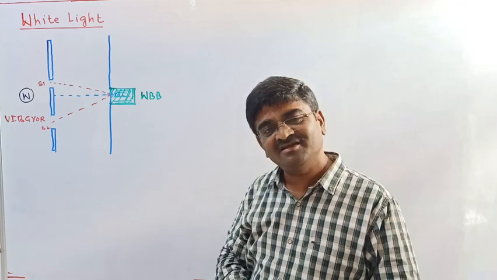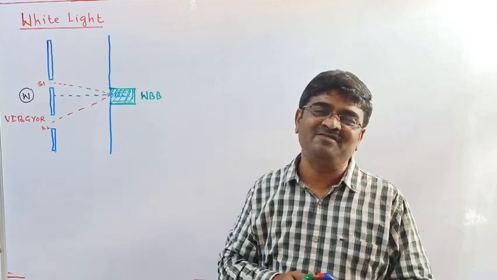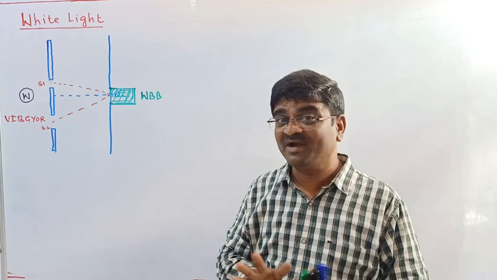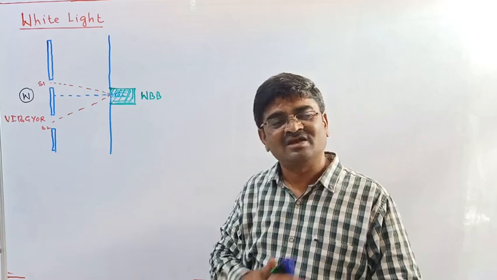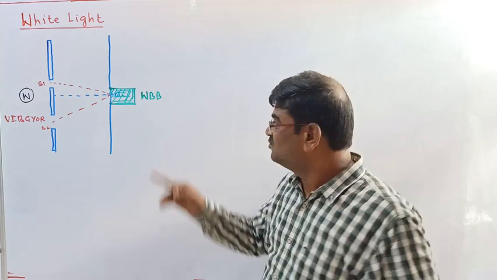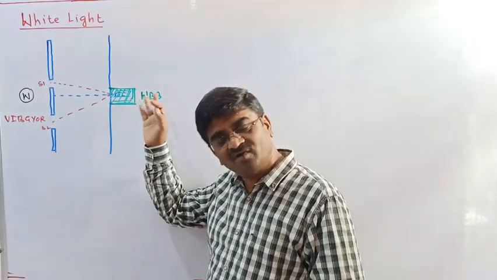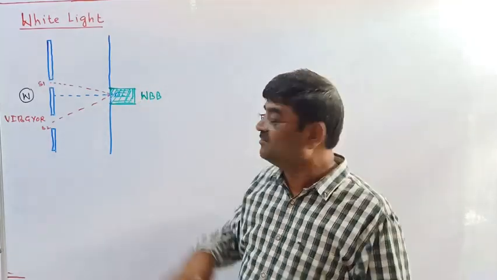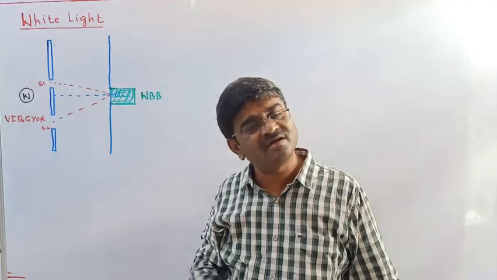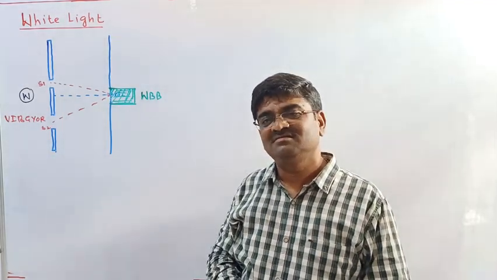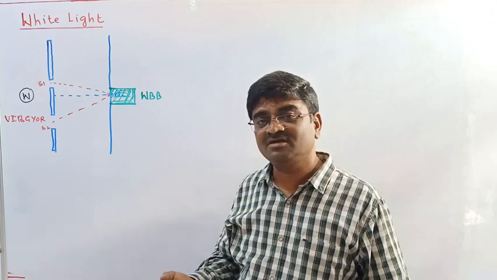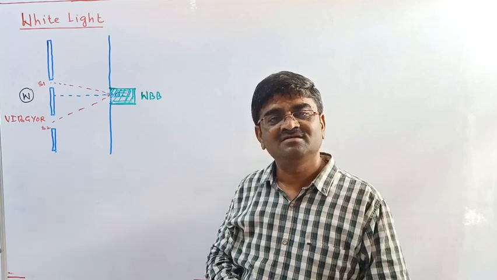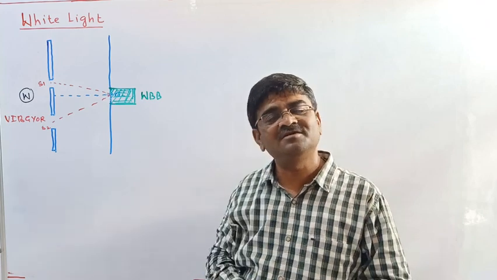So naturally at all places I get a bright, but bright color of a particular wavelength. So by using a white light source, I don't get alternate bright and dark anymore. Rather I get a pattern with the central bright band of white color, and the remaining bands on both sides colored. Then the curious question I will have in mind is, how will be the order of those colored bands?